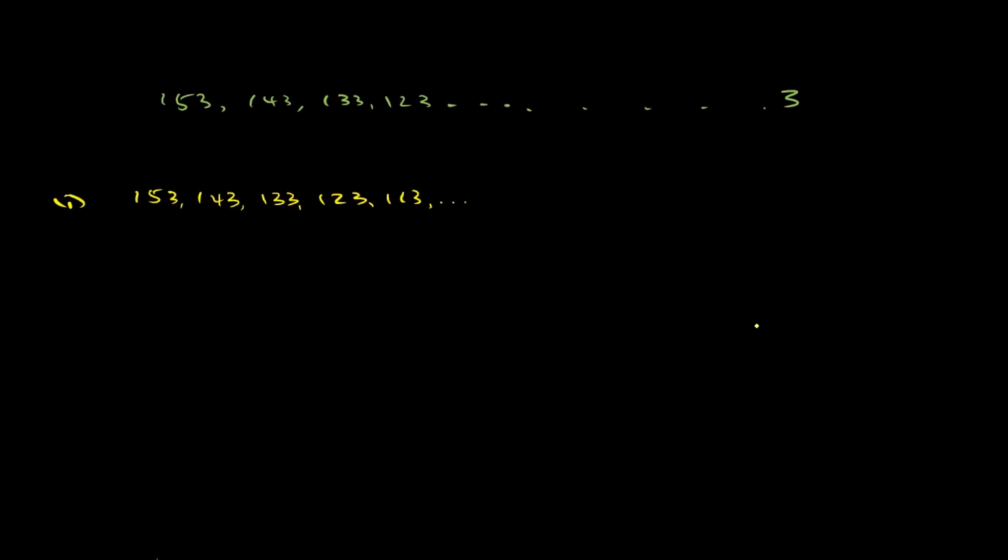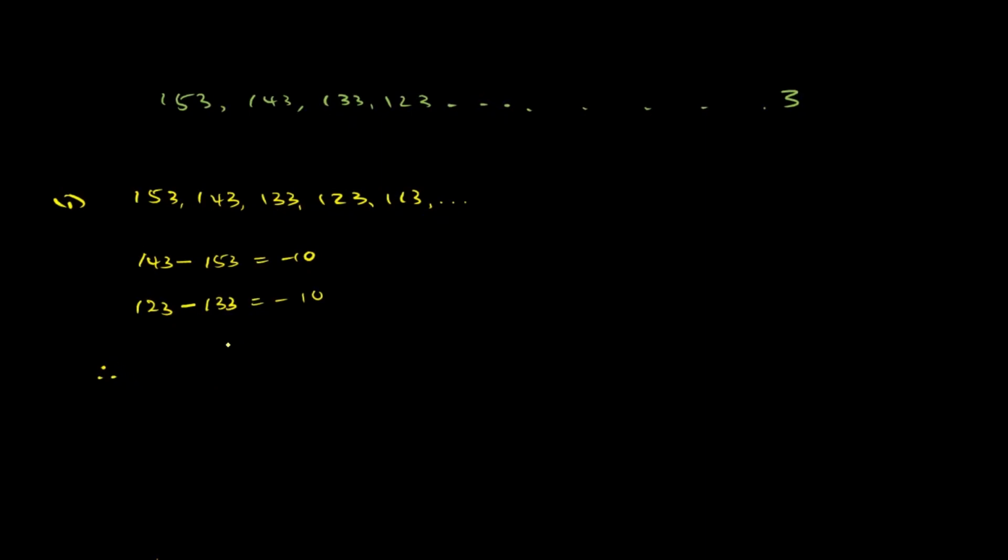So we have to prove that, we have to explain that. How to do it? Take the difference between two consecutive numbers. If you select 143, subtract the previous one, which is 153. The answer will be minus 10. If you randomly select another two consecutive numbers, 123 and 133, 123 minus the previous one, 133, equals minus 10. They want us to explain, but you don't have to write paragraphs; just explain concisely like this.